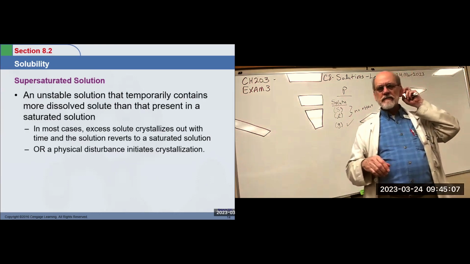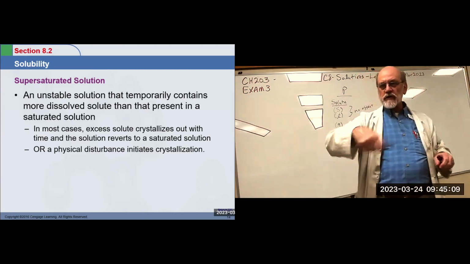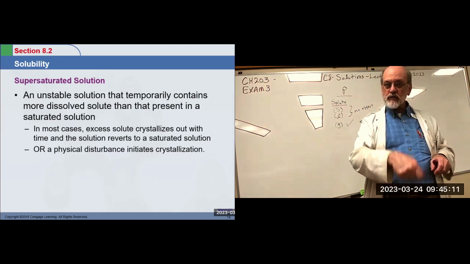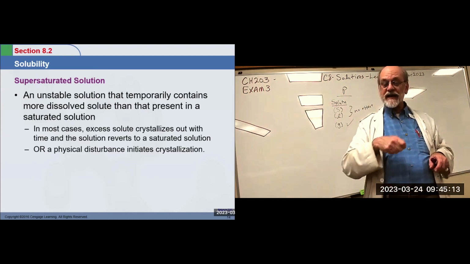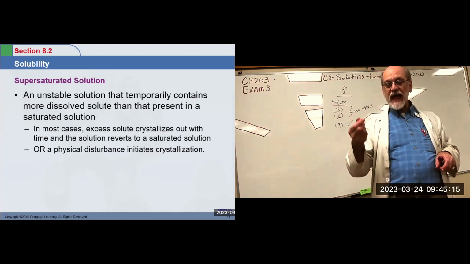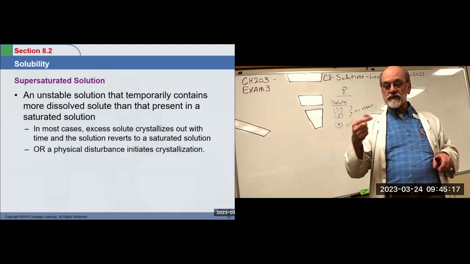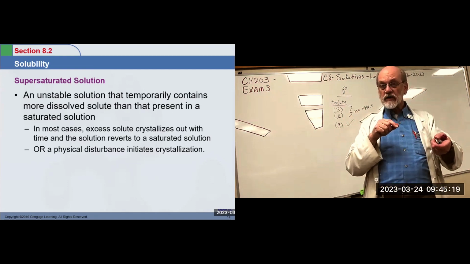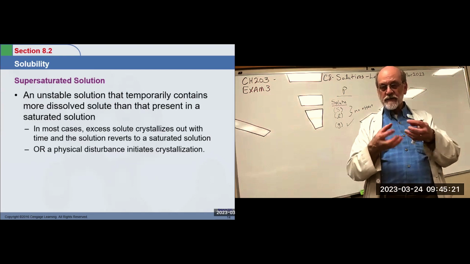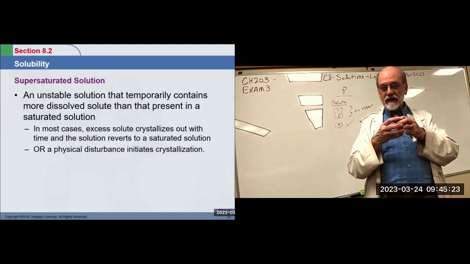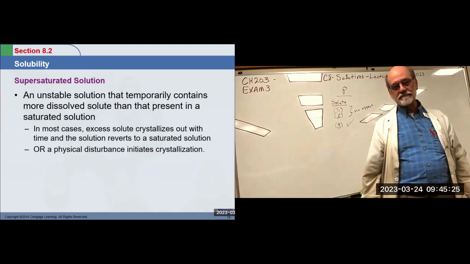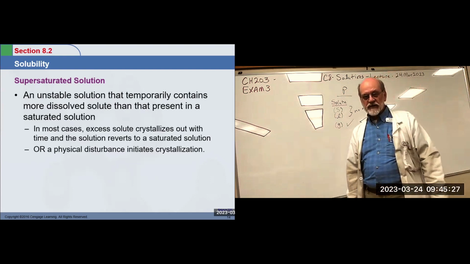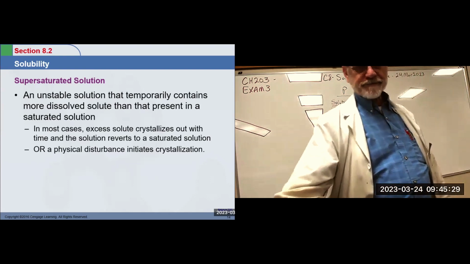You can stir the solution, or scratch the glass on the inside of the beaker, or add a solid crystal of the solute, which gives it something to collect around, and it will come out of solution like that. That's a supersaturated solution.